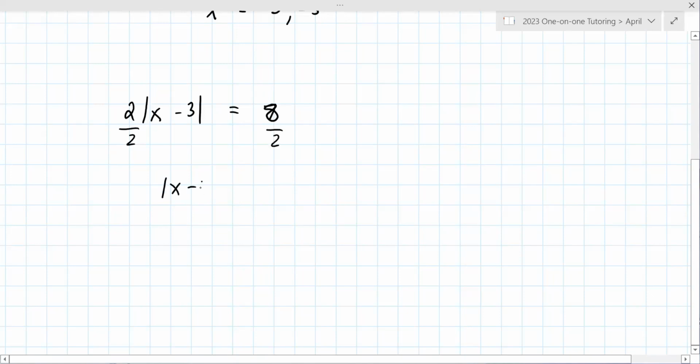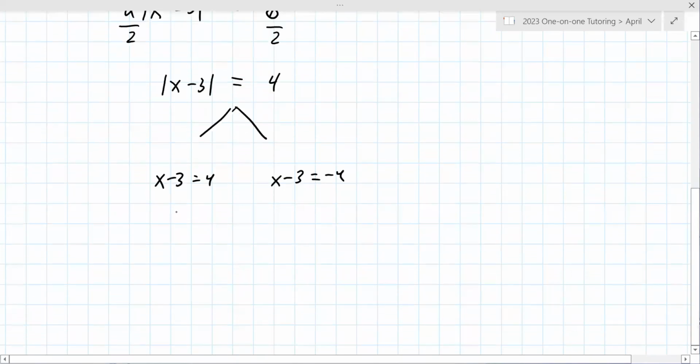You'd have the absolute value of X minus 3 equals 4. And this produces a case 1 and a case 2. So you've seen that X minus 3 equals 4, and X minus 3 equals -4. Is that right? Yep. Okay.